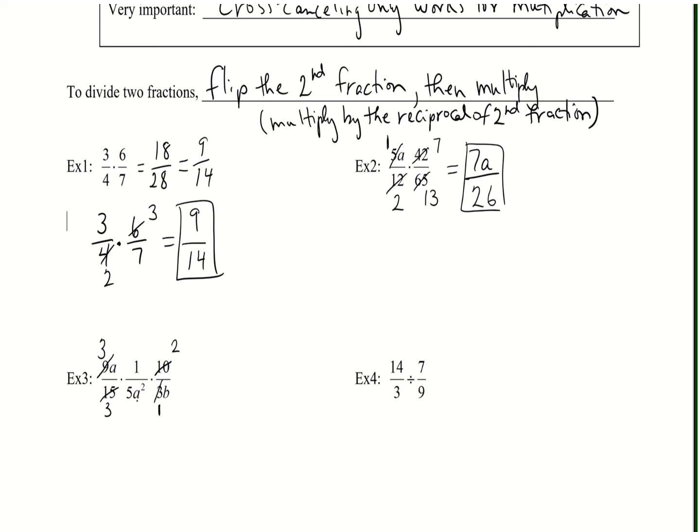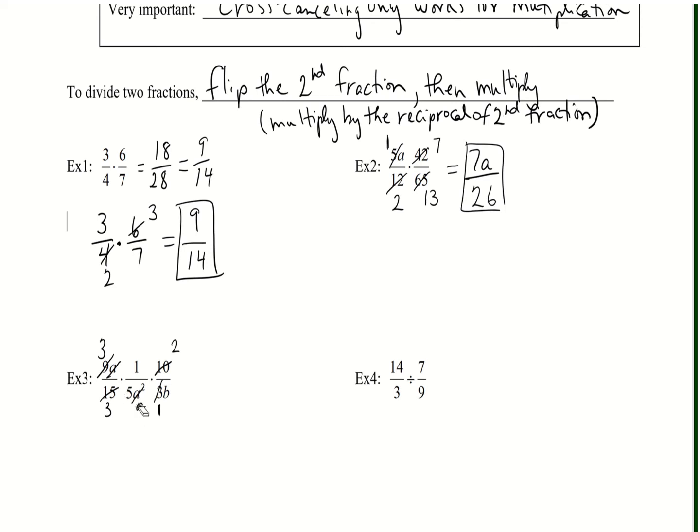But let's not forget about the variables. We have a variable a squared in the denominator of that second fraction, and we have the variable a in the first fraction. So what we can do here is cancel out one of the a's. So this a is gone, and we can reduce this down to a.